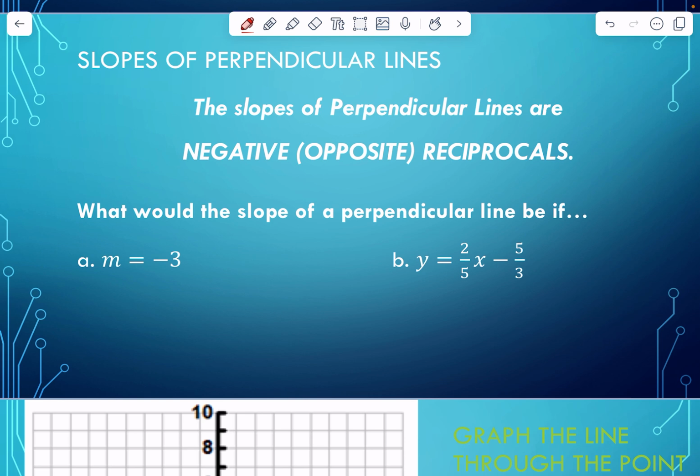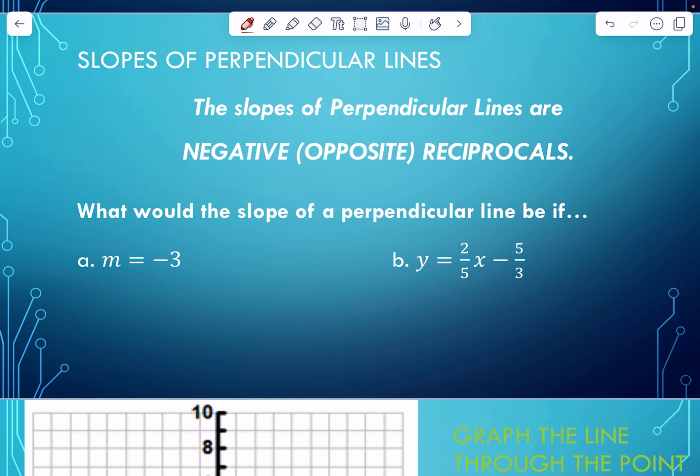Remember, the word reciprocal means you multiply by the inverse. So we take the fraction and we flip it. So instead of 2, it becomes 1/2. Instead of 3/4, it becomes 4/3. Reciprocating just flips the fraction. Then we want to change the sign of what is there.